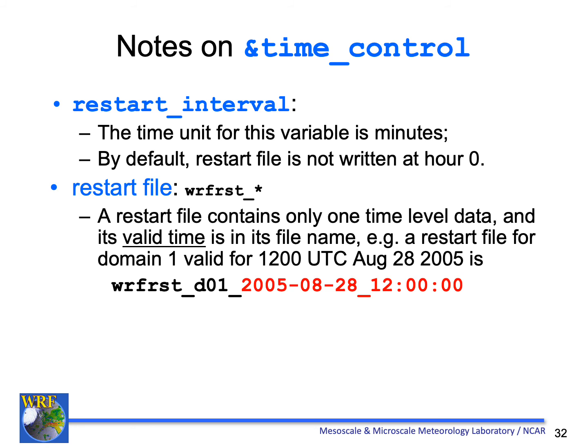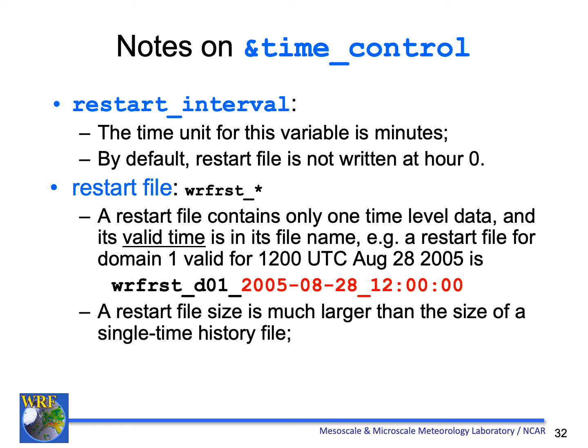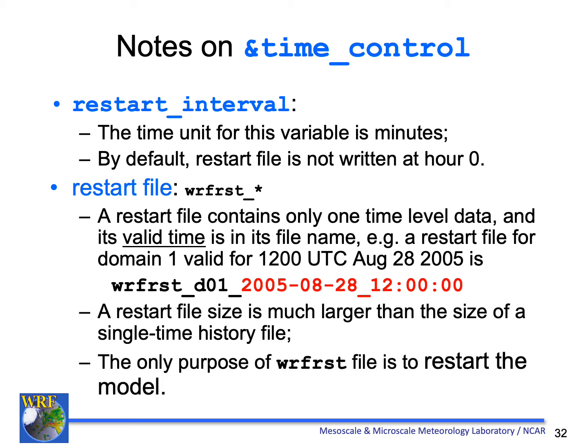Unlike the history file, each restart file only contains one time level of data, and its valid time is part of the restart file name, hence easy to find. The size of the restart file is quite a bit larger than its history file counterpart. And the purpose of the restart file is for restarting the model only, nothing else.